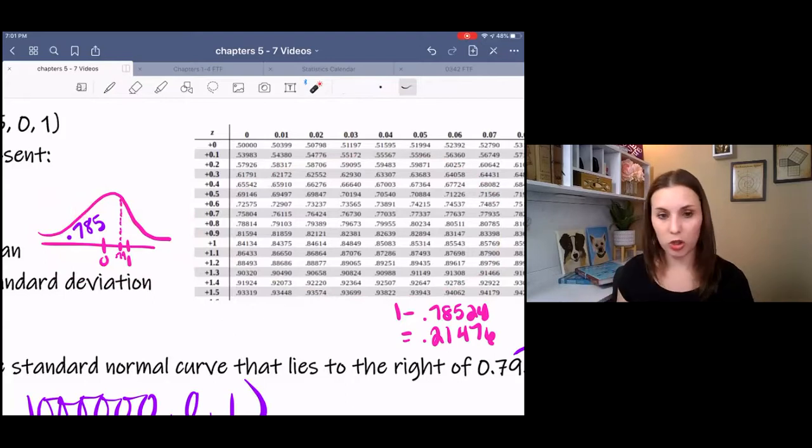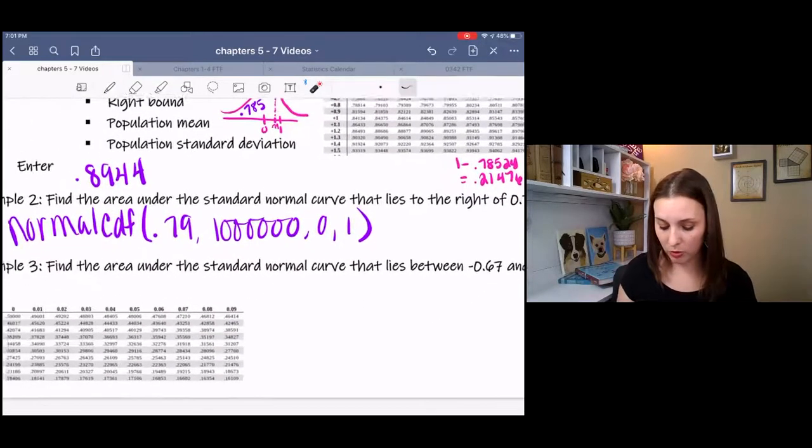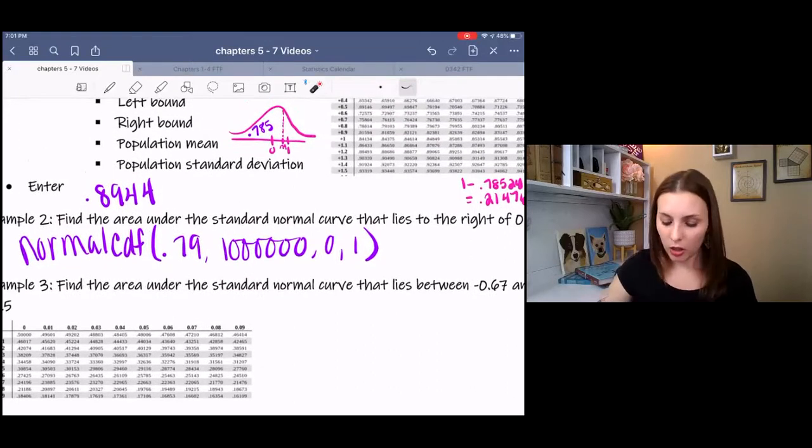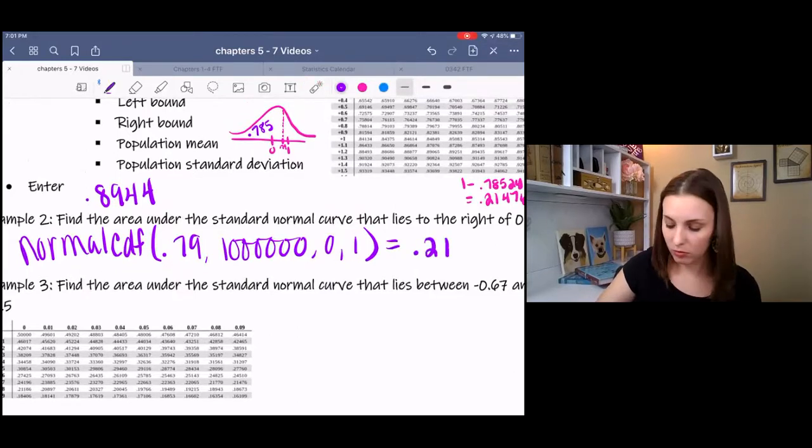And you get about 0.21. Or if you chose to use your calculator, which is fine, your left bound is 0.79. Your right bound is a really, really big number. You can go bigger than that if you want. And then your mean is 0, your standard deviation is 1, and that will give you the exact value you need.